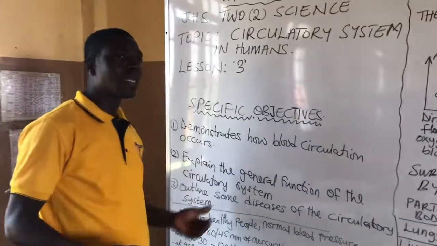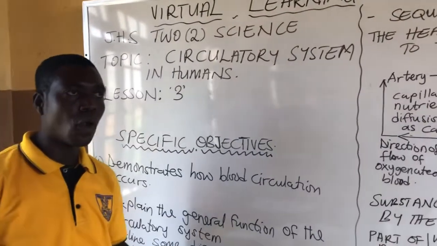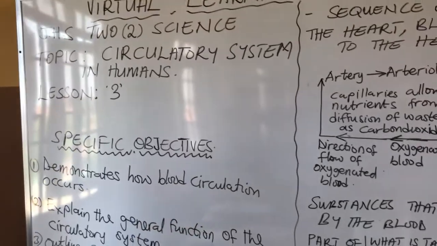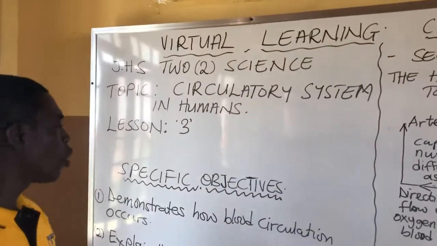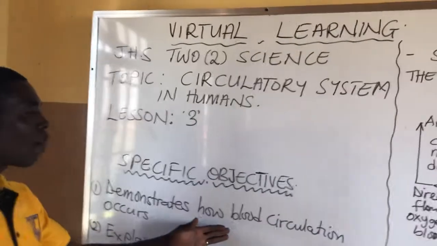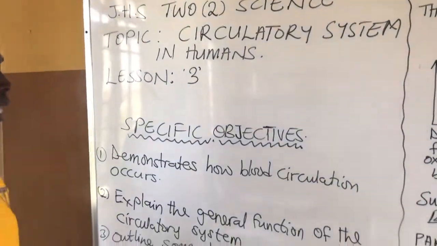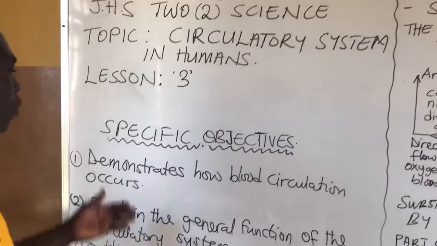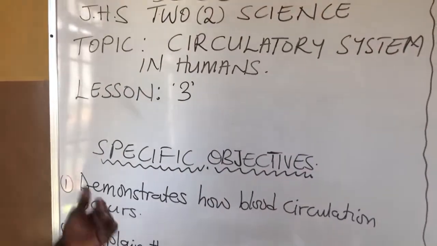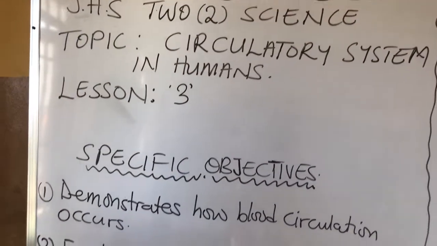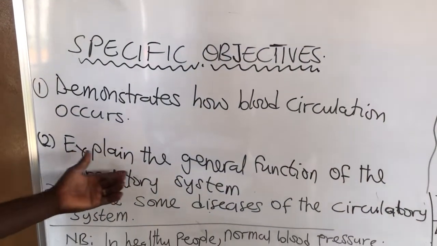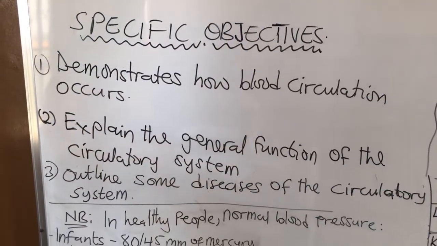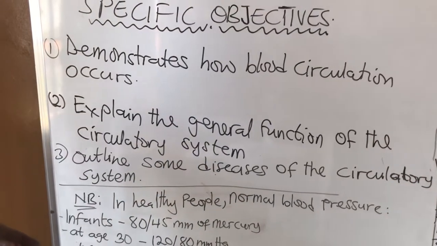Now, we are expecting something at the end of the lesson, as you already know. Today, what we are expecting at the end of the lesson is that you should be able to demonstrate how blood circulation occurs. Two, you should be able to explain the general function of the circulatory system.